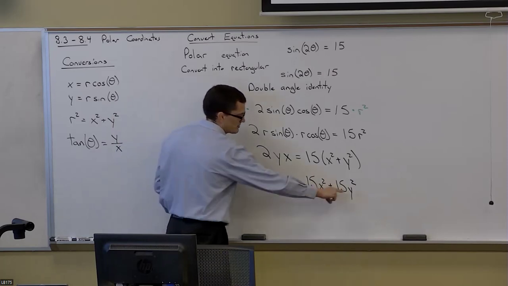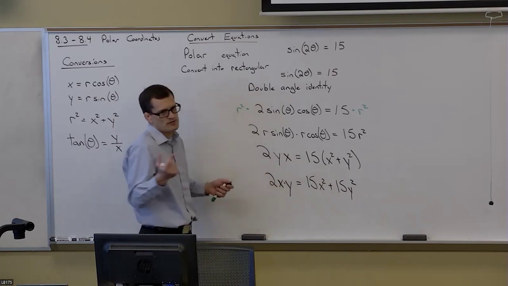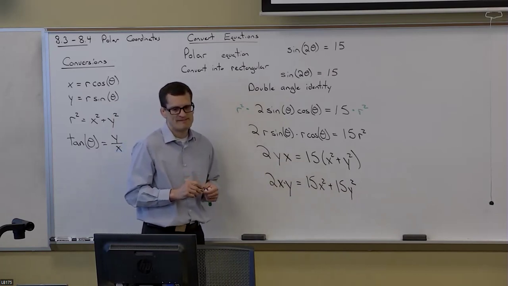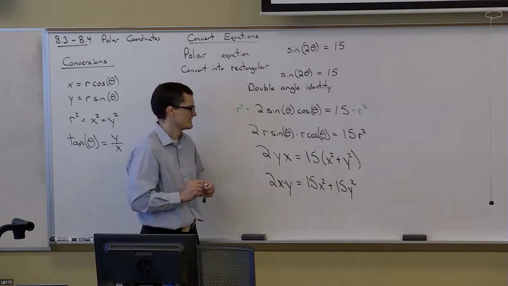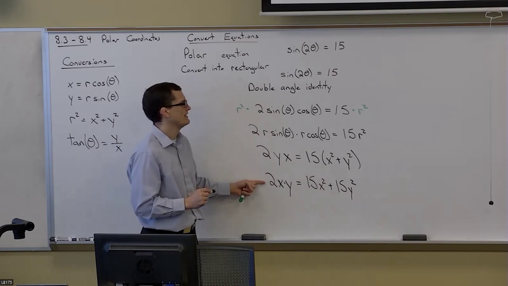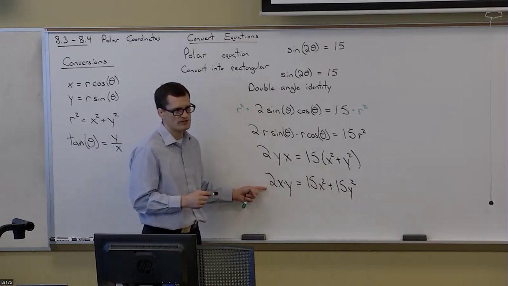So you write it just like this, but make sure you put a multiplication symbol here so it doesn't think xy is some sort of new word. Yes, this is the finished answer. On these, you do not have to solve for y or solve for x or anything like that.